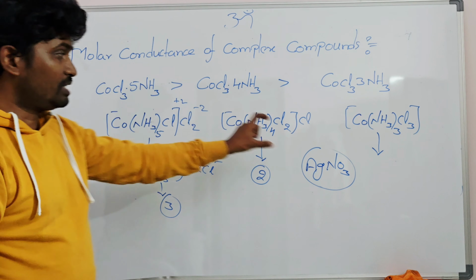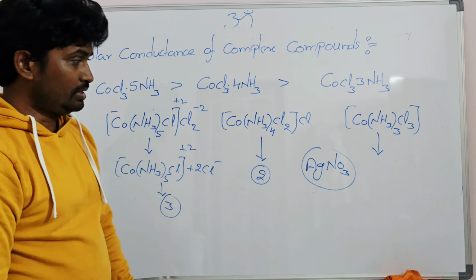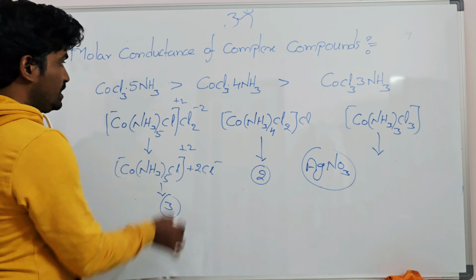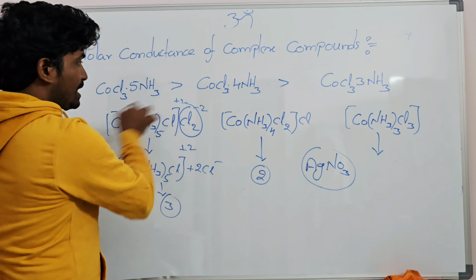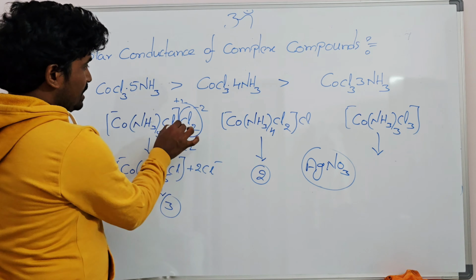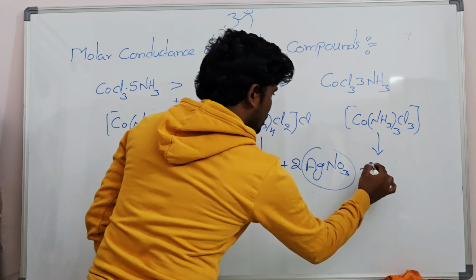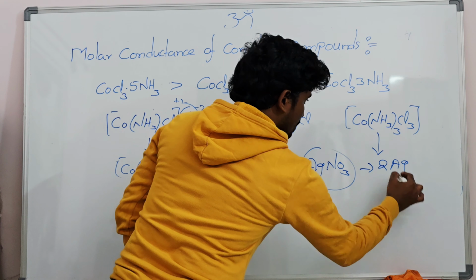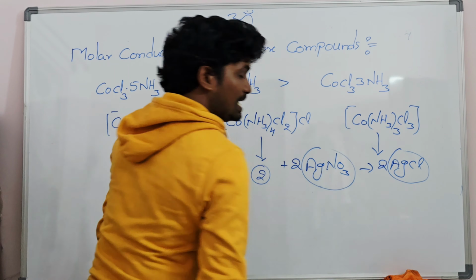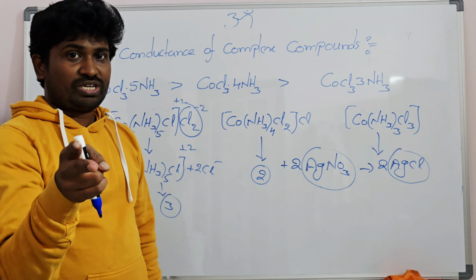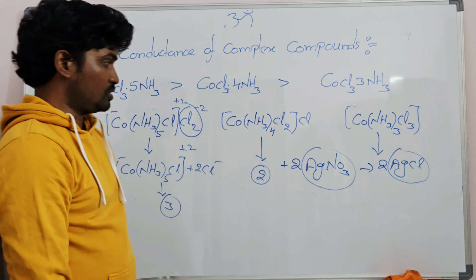How many moles of silver nitrate this complex reacts with, that means how many moles of silver chloride are formed, depends on the number of Cl minus ions outside. Here two Cl minus ions are present outside, they react with two silver nitrates and two AgCl are generated as precipitate. The amount of AgCl is important as a mole expression as well as an amount expression.